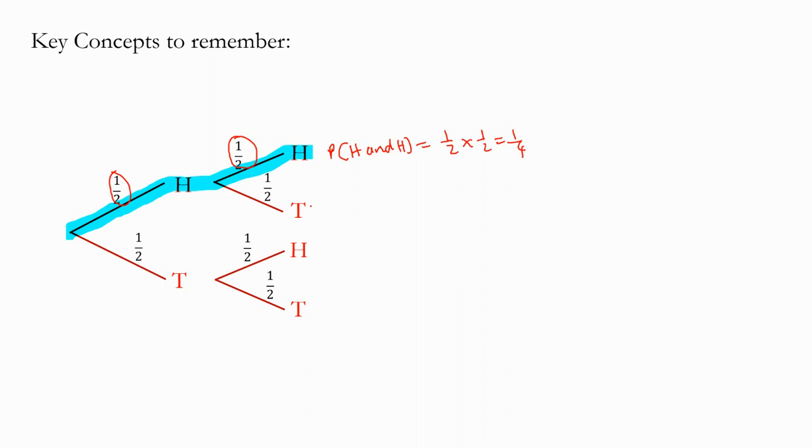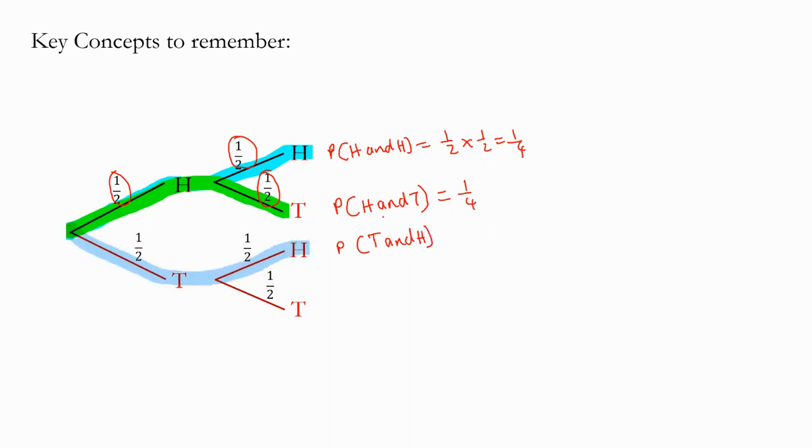And then probability of heads and tails, same thing. We multiply across the branch. Half times half is going to be 1 over 4 again. And then probability of tails and heads, we multiply the probabilities, which is half times half, which is 1 over 4.